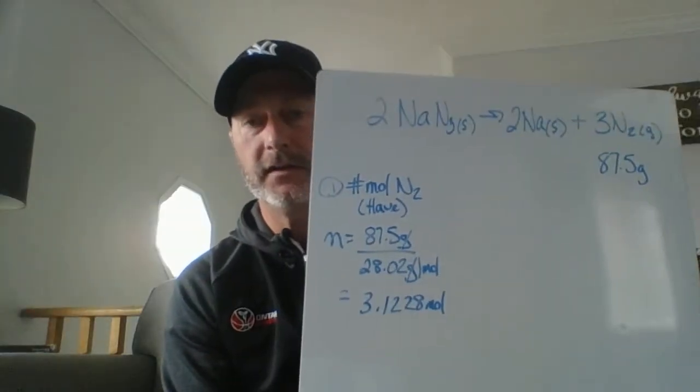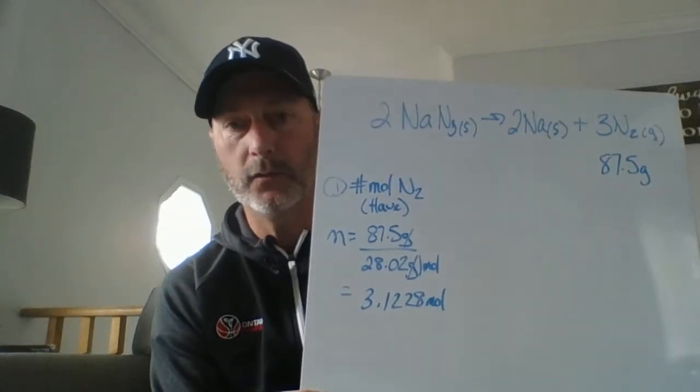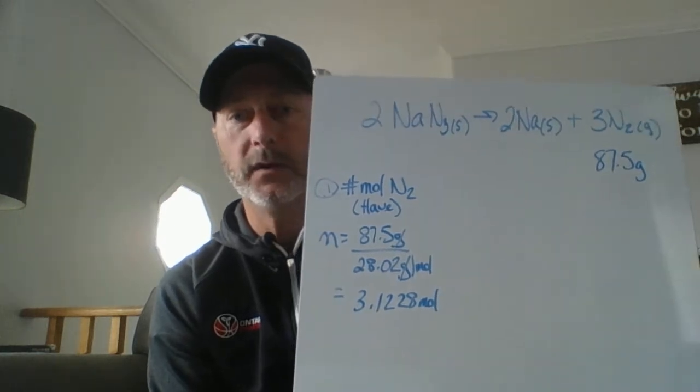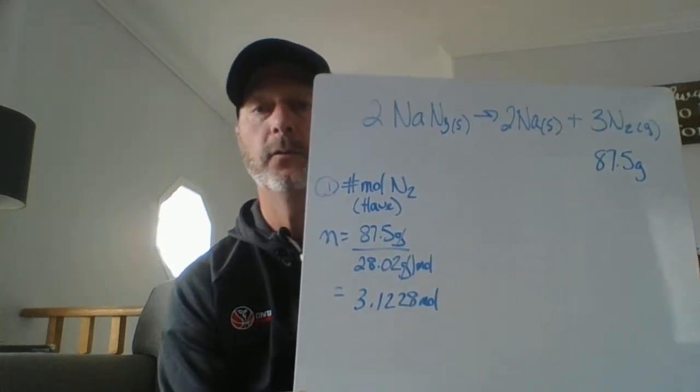Extra significant digits, remember we carry those, because the more precise we are, the closer to whole numbers we will get in our ratio comparison. Speaking of ratios, that's number 2. We're going to use that mole ratio now. The ratio of what you have, nitrogen, to what you need, NaN3, in this case is 3 to 2.